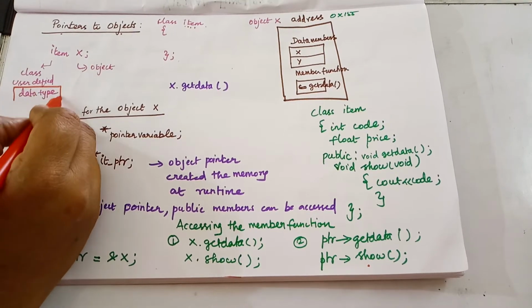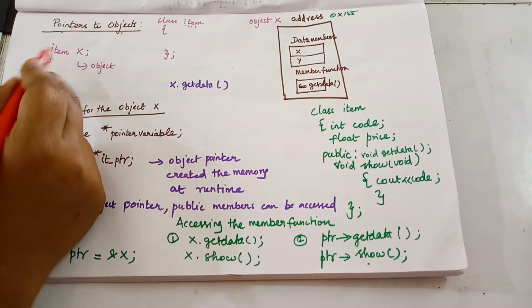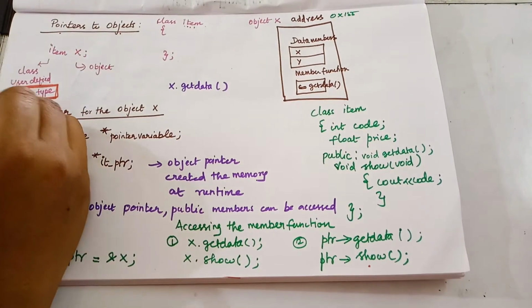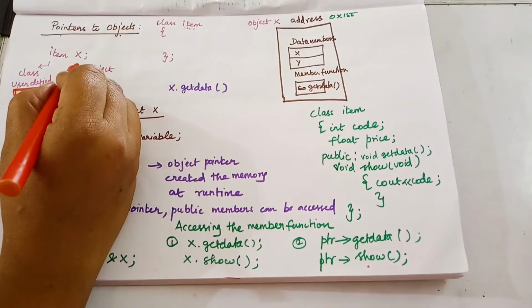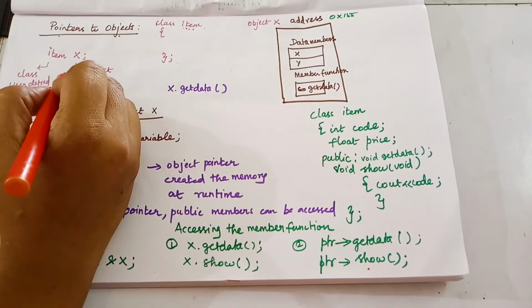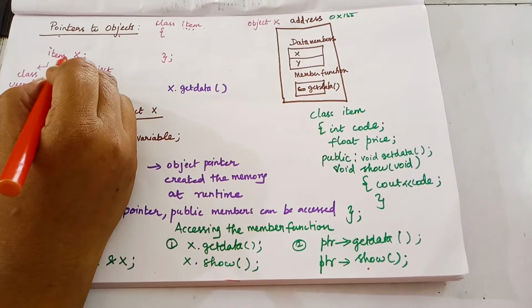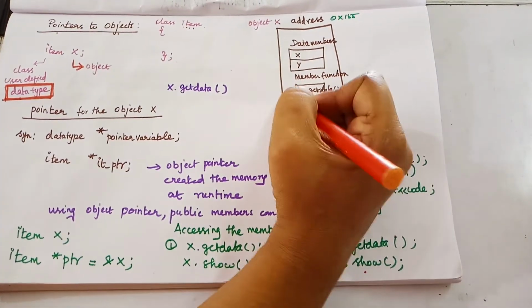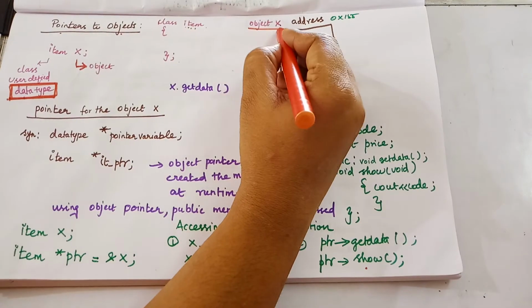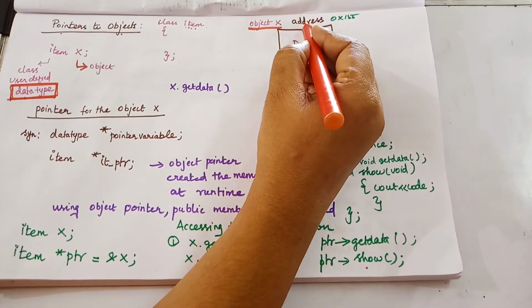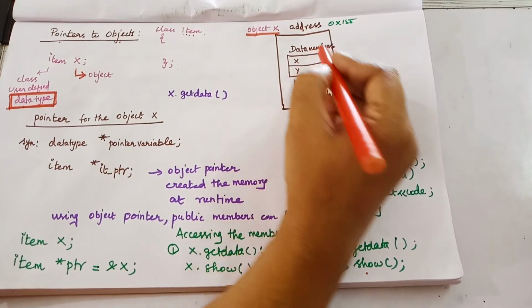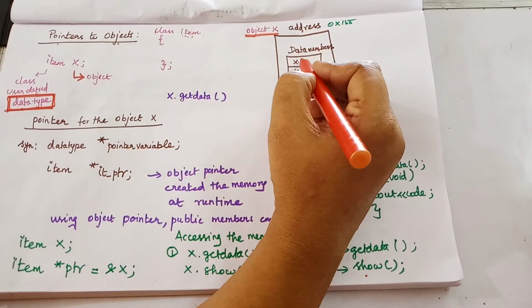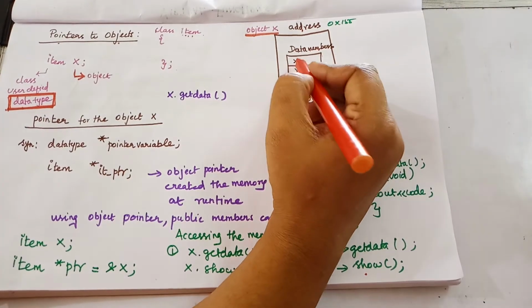Now consider this data type. Item is a data type, but it comes under user defined data types. Remember, the data type is item and x is the object. Whenever the object is created, memory space is automatically allocated for the object x. It has one address, and in this address it holds the data members of x, for example x and y.